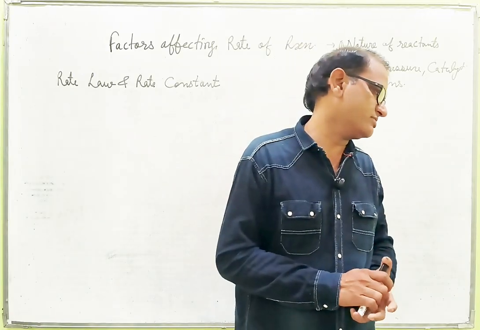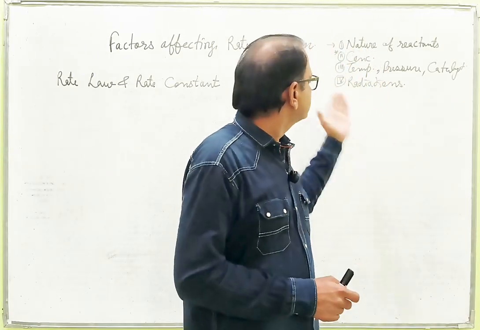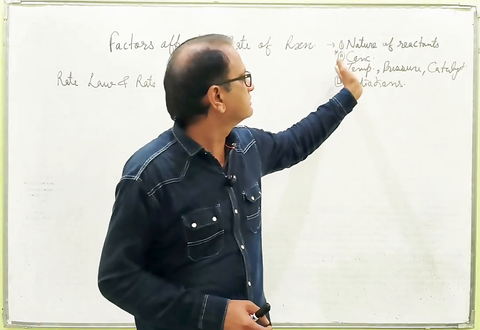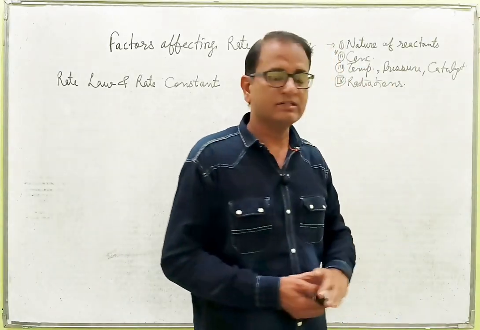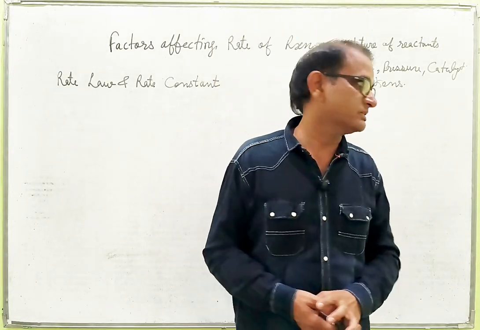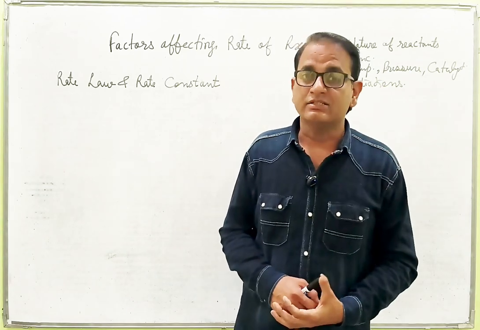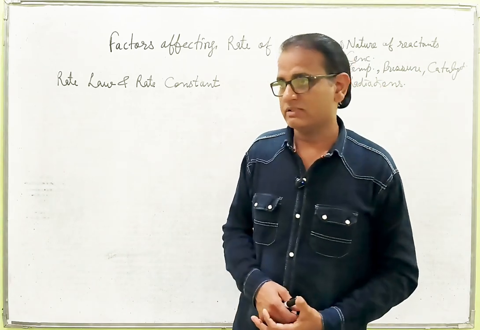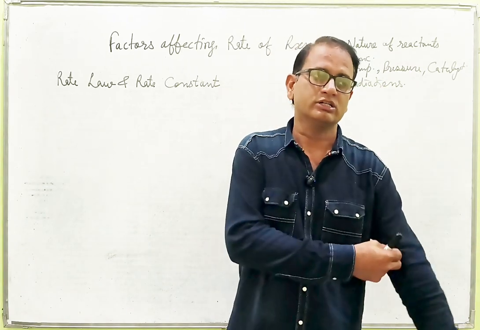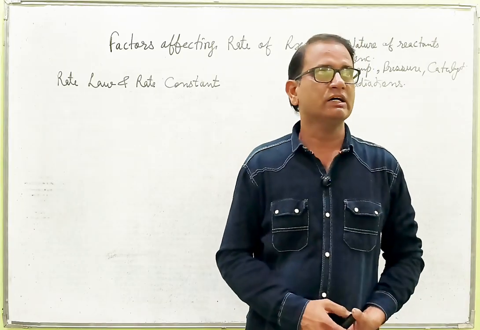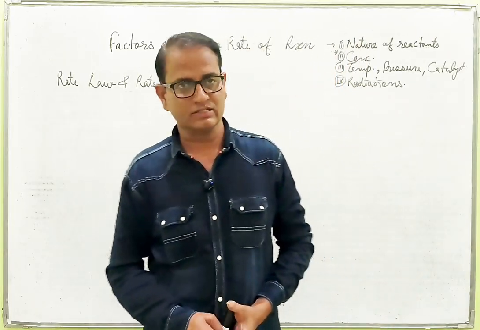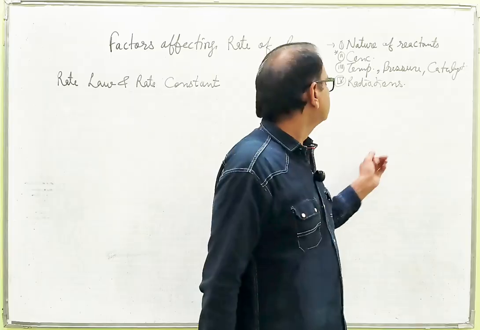We will discuss later how all of these factors affect rate of reaction. Temperature and pressure especially affect gaseous reactions, and catalyst matters because of catalytic and non-catalytic reactions. We will see how a catalyst affects rate of reaction in later lectures.